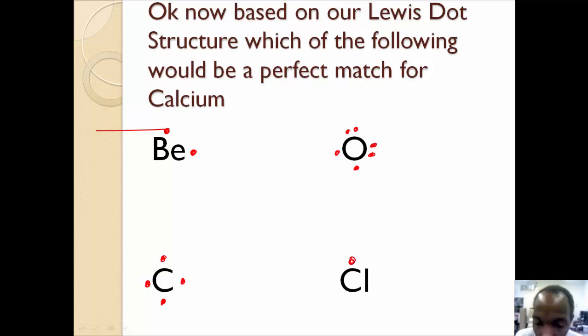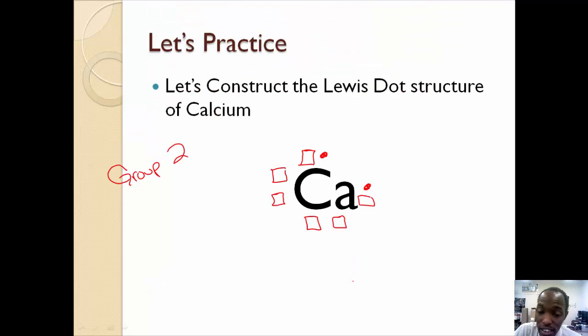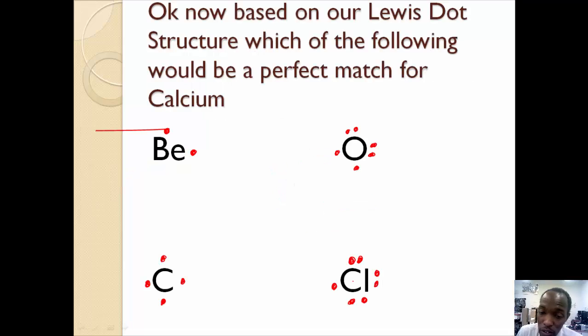So if we look at it, 1, 2, 3, 4, 5, 6, 7. So if we go back and look at our calcium, it has 6 spaces, so it's looking for a match for them 6 spaces. Which one of our elements up here will be a perfect match for oxygen? I gave you guys the answer. The correct answer, if you said it, is oxygen.